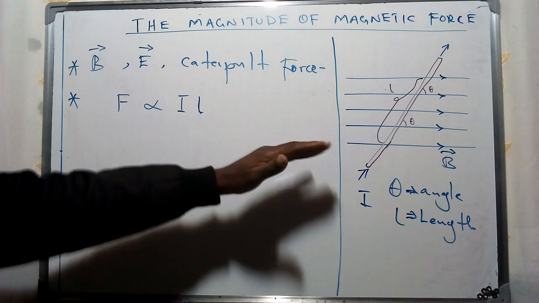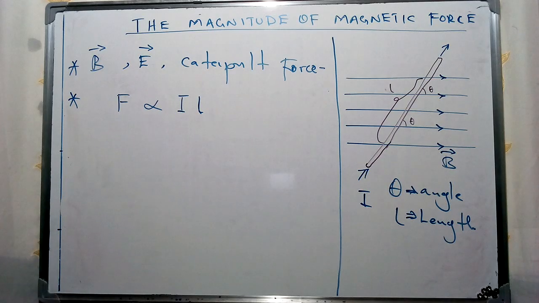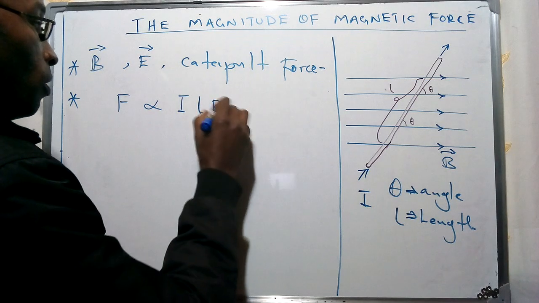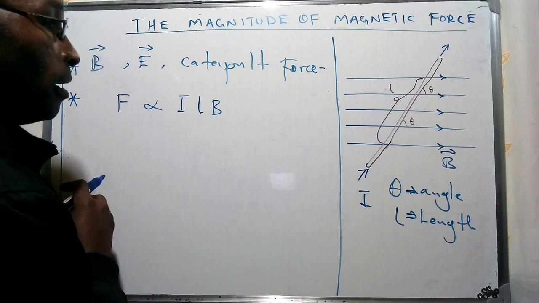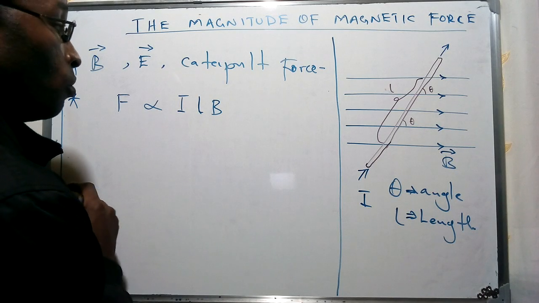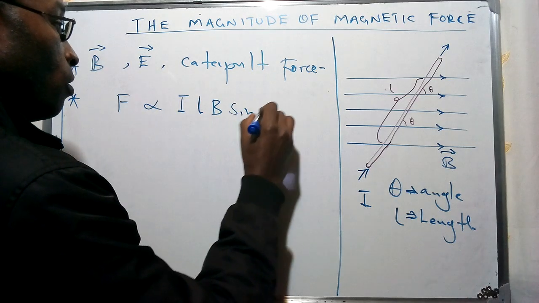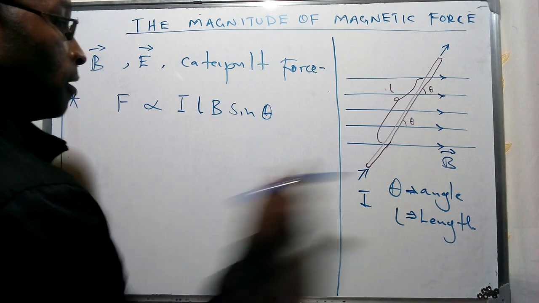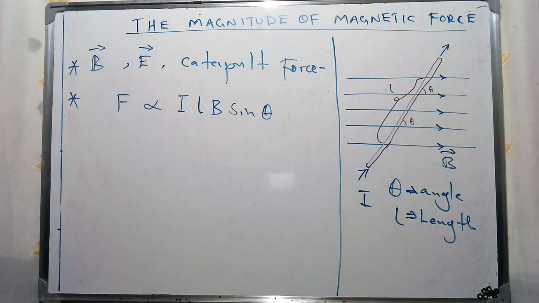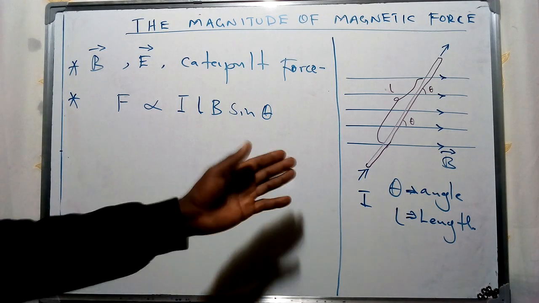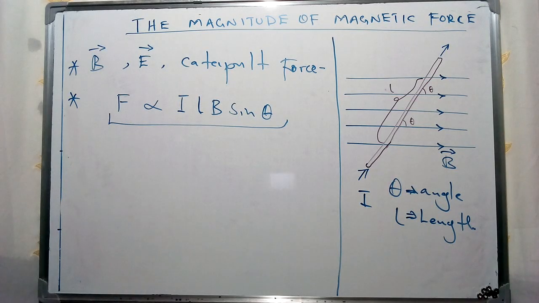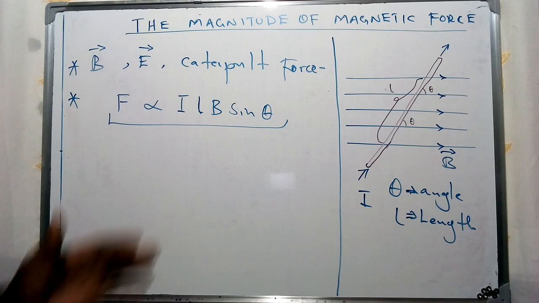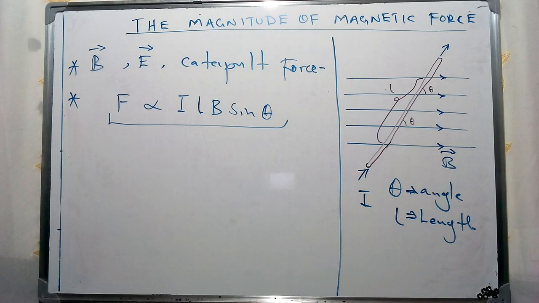The direction of the field matters in this case, so there is also direct proportionality between the force and the magnetic field, and the angle between this field and the current carrying conductor. In this case we have this particular relationship, and that gives us our first equation showing the relationship between current, length of the wire, the magnetic field, and the angle of interaction.